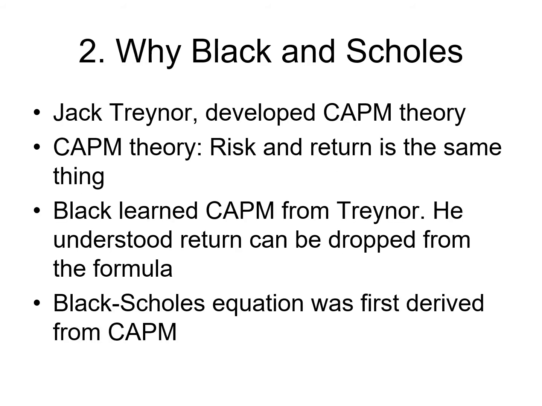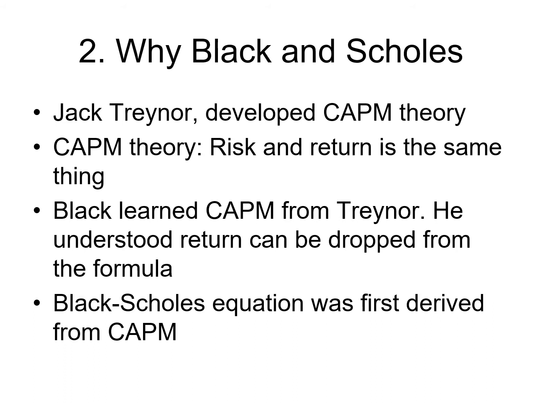The life and the work of Fisher Black. Many people have attempted to work on option theory. Why did Black and Scholes succeed in the end? Jack Treynor developed CAPM theory.